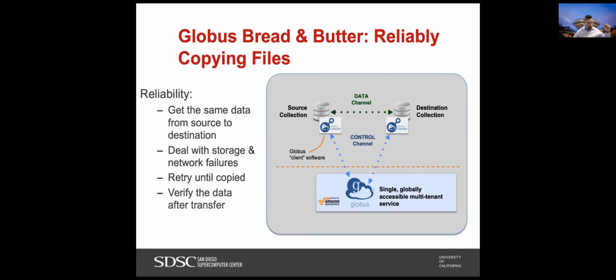Instead of you sitting and staring at your laptop, watching some data come off a USB drive that you're trying to transfer, you can actually transfer data off your laptop, close your laptop, take it home, reopen it, and Globus will pick up and continue the transfer. So this is the fundamental, and all of the other features either improve this or build on this.